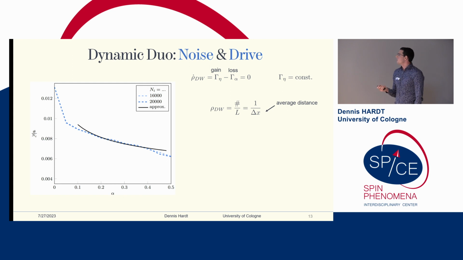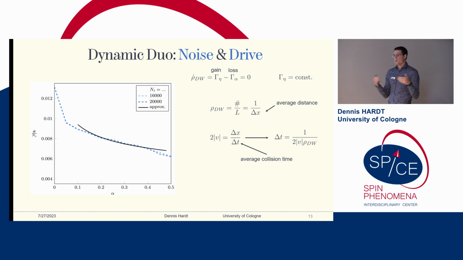But the estimate goes as follows. You say, okay, you have this domain wall density, and this is like the average distance between the domain walls. And then you say, if two domain walls meet, this is like the average collision time, and you can plug the density in there.